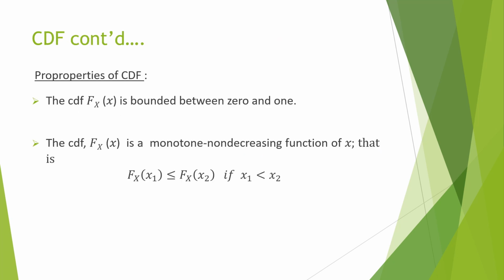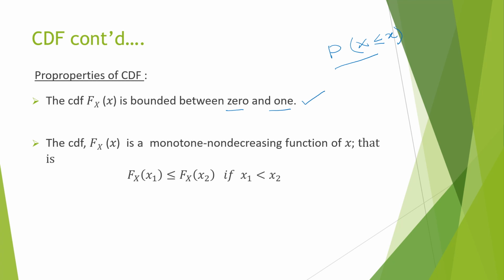Now we observe the properties of CDF. As we have defined, CDF is the probability that the random variable X takes on values less than or equal to some small x. Therefore, being a probability, its value always lies between 0 and 1.